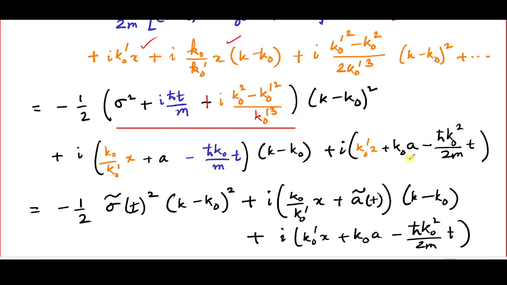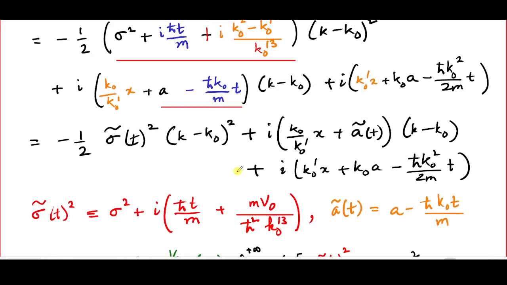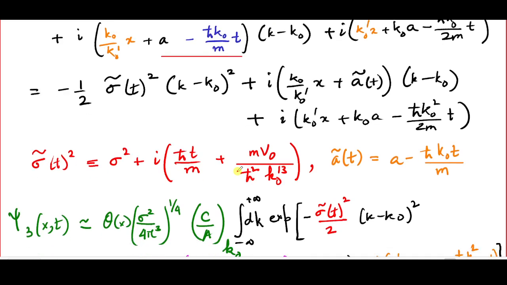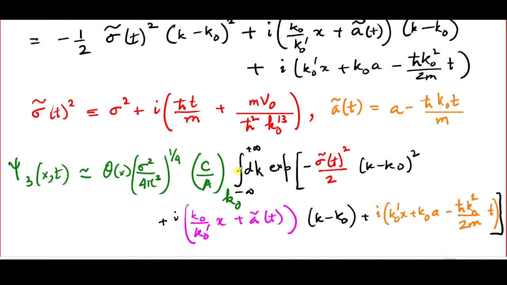Similarly, the linear powers coefficient we can also write as k0 by k0 prime times x plus a tilde of t, a tilde of t being a minus h cross k0 t by m. So now, our expression for psi 3, the integral that we have to do, boils down to the following. Theta of x, sigma squared by 4 pi cubed to the power 1/4, c by a at k0.